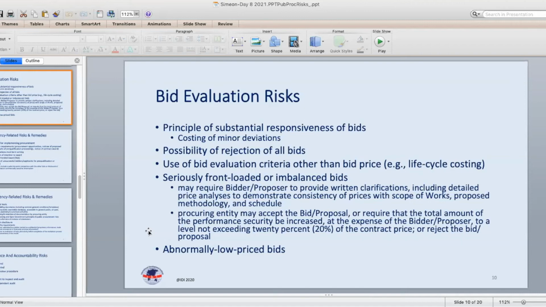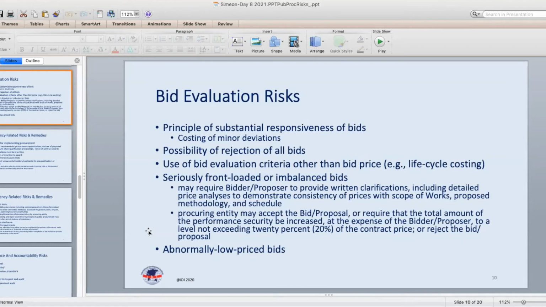responsiveness to the requirements. If the procuring entity follows a very absolutist approach to judging the responsiveness of bids, it risks rejecting bids that may have some minor deviations but are substantially or materially what the procuring entity is looking to buy.